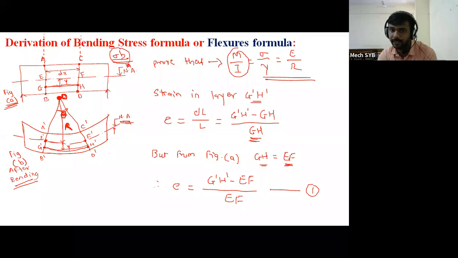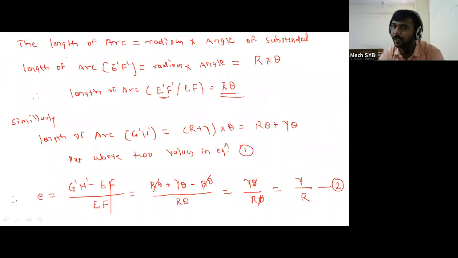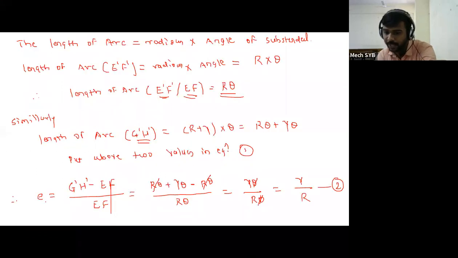Then from figure A, GH is equal to EF, and we have written equation number 1. After that we calculated the length of arc, E dash F dash, which is equal to EF. Similarly, we calculated the length of arc of layer G dash H dash by using the same formula, radius into angle subtended. Then we put both the values in equation number 1. You will get one equation in the form of strain.